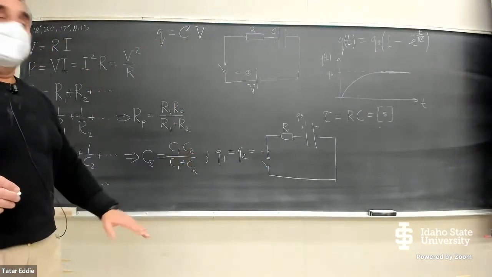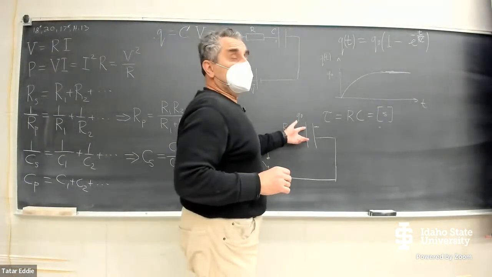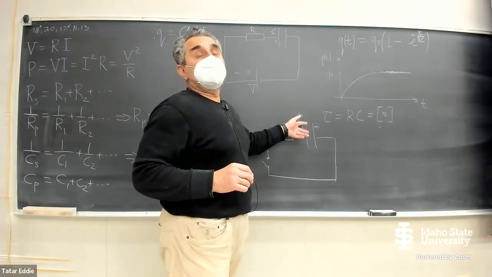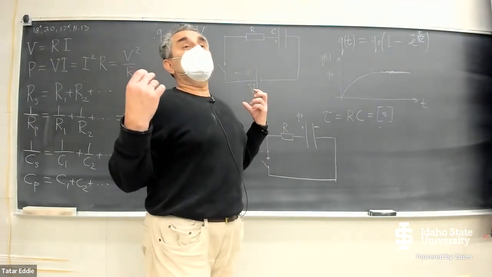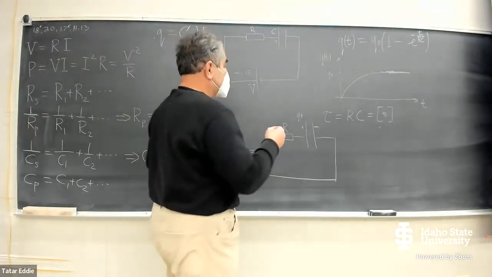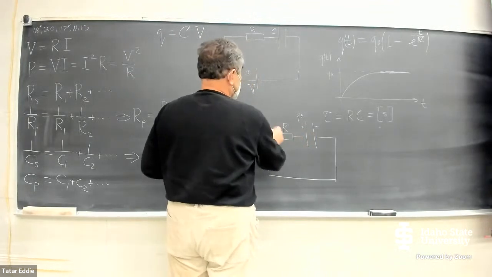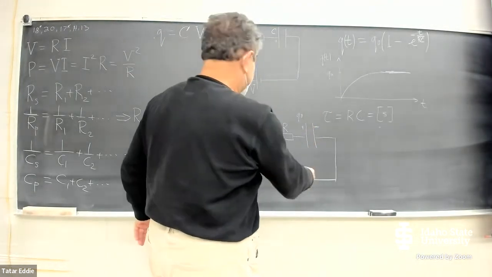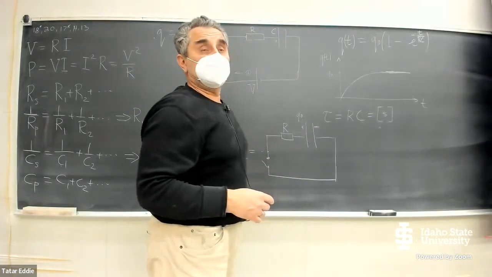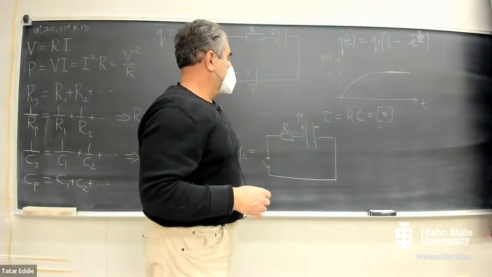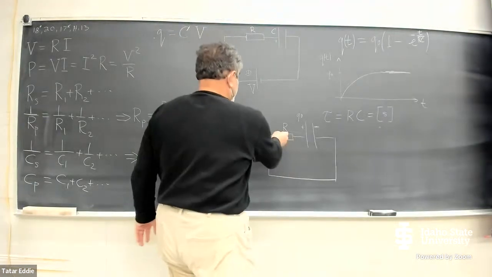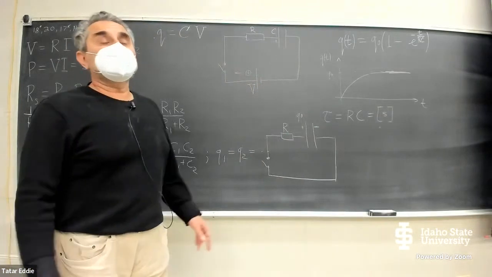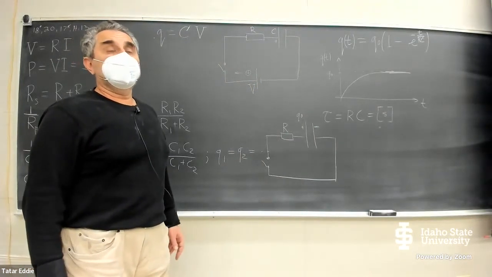Close the switch and look, all those charges that are on one of the plates, let's say on the positive plate, they repel each other. They want to get away from each other, and very fast, those positive charges are going to flow in a counterclockwise direction once you close the circuit, go and reach the negative plate and neutralize some negative charges.